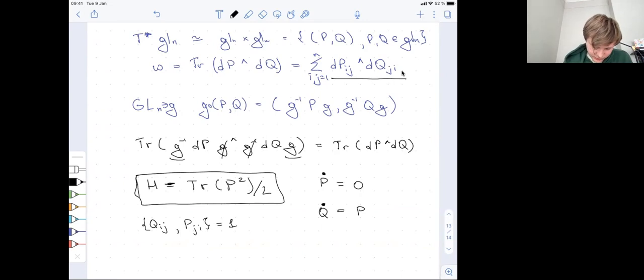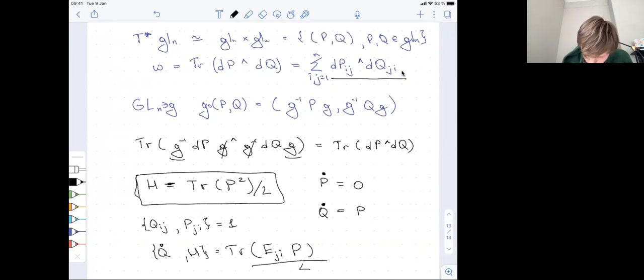And then when you compute Q dot with the Hamiltonian, it's just a trace of E_ij with P, not divided by 2 actually, just trace of E_ij P, and it gives you just P_ij. This is just linear algebra.